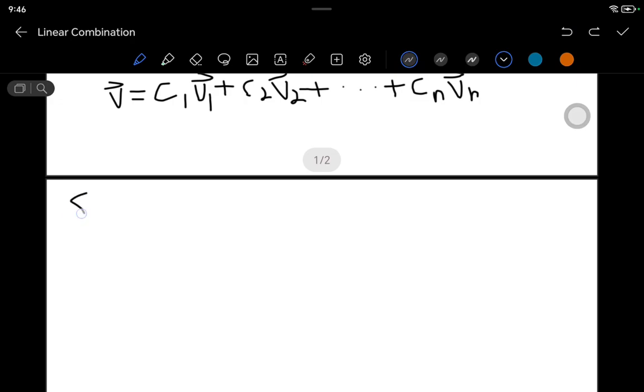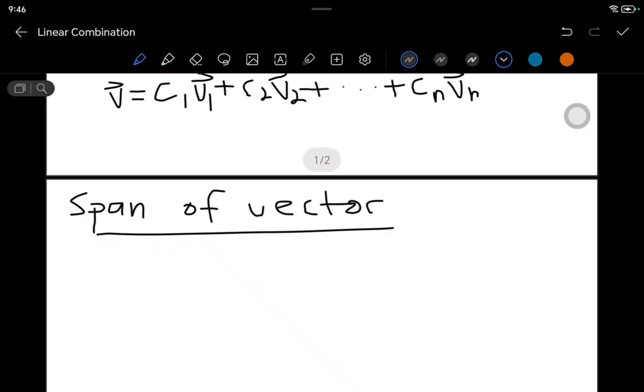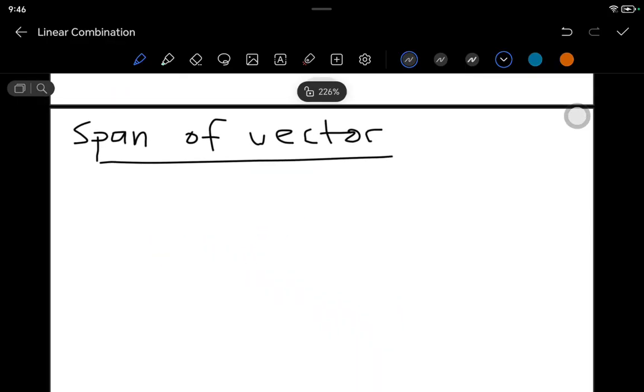So if I talk about a span of vectors, let's say I take some collection, again remember we spoke about Vi.